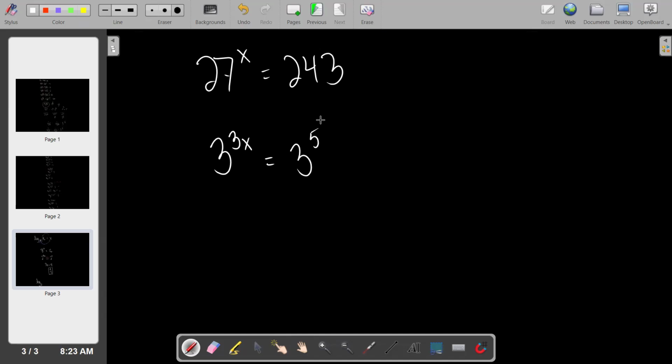And again, playing base matchy game, I employ some relatively low-level logic and say, well, gosh, if 3 to the boo equals 3 to the b, then boo has to equal b, right? No way around the fact that whatever 3x is, it has to equal 5. What's x? The answer is 5/3. Again, not x equals, just 5/3.